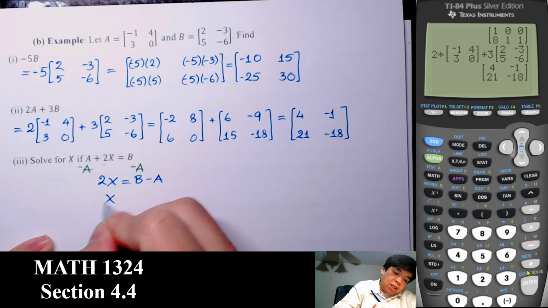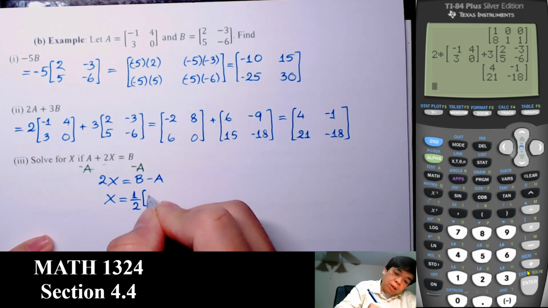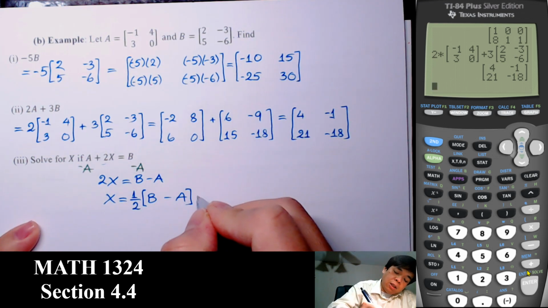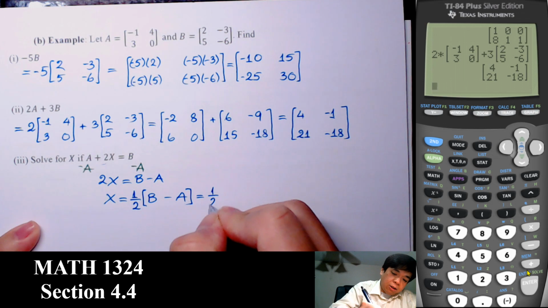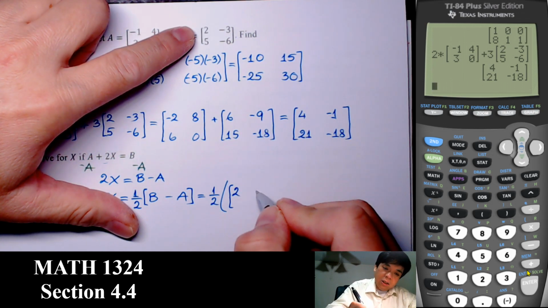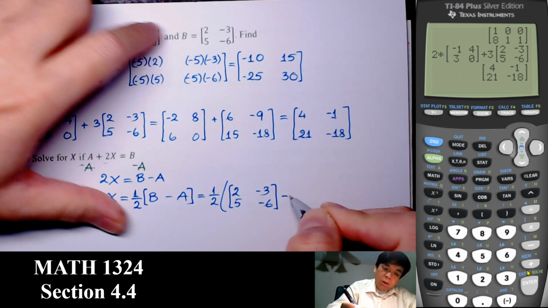So we have X equal to 1/2, multiplying 1/2 on both sides, B minus A. So we have 1/2 times the matrix B minus matrix A.